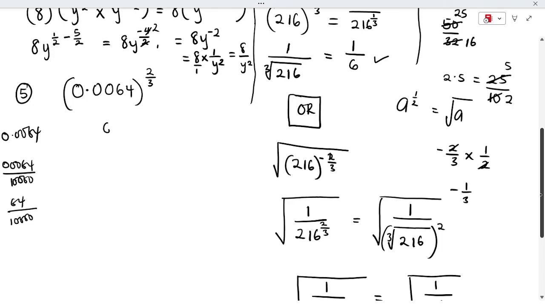So you have 64 over 10,000, all raised to the power of 2 over 3. So you can see it is just that straightforward. Oh, it should be 10,000, not 1,000.